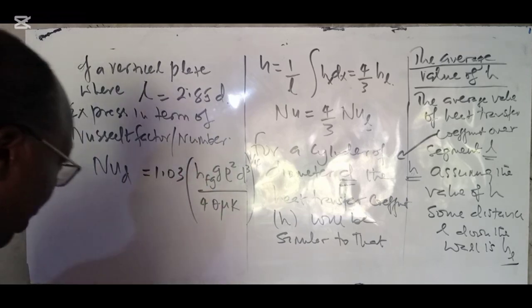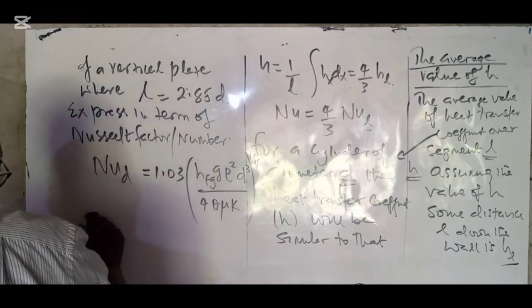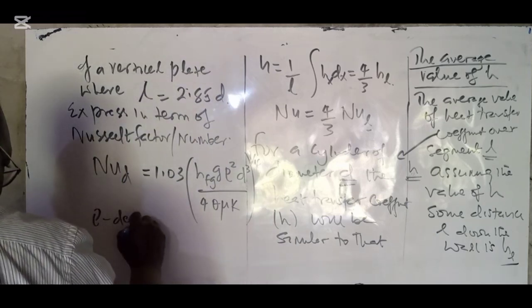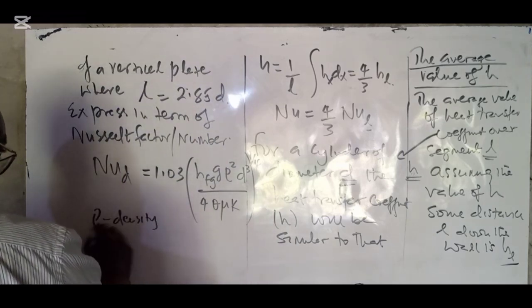So basically these quantities have their similar values, so we just say lowest density, just in case.